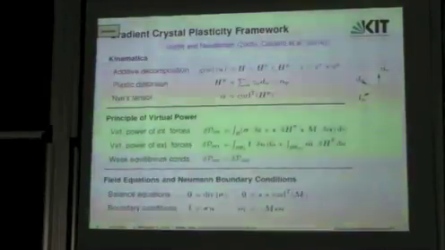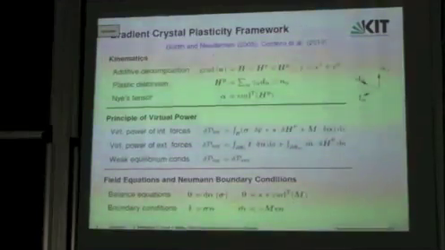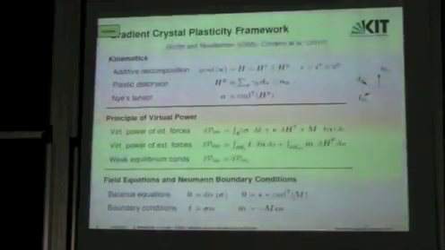So there's a certain size effect which clearly cannot be taken into account by taking only these classical kinematics, since these do not contain an internal length scale, that they are clearly not able to reproduce a size effect.